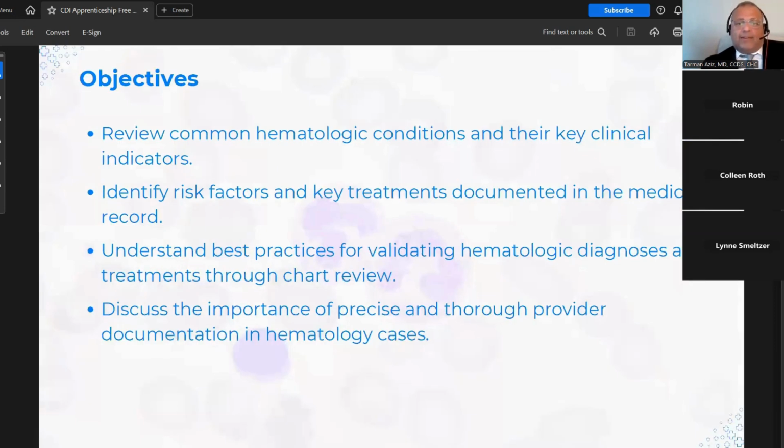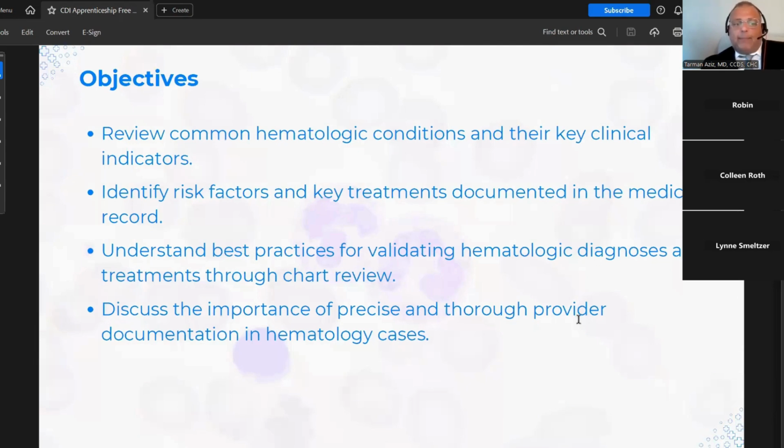So today we will begin then by reviewing the common hematological conditions you're likely to encounter and also their key clinical indicators. We are going to identify risk factors and key treatments that can be documented in the medical record to give you an idea that something hematological may need attention.